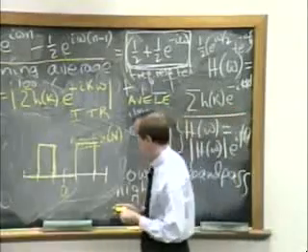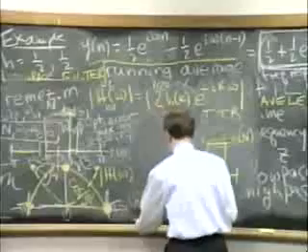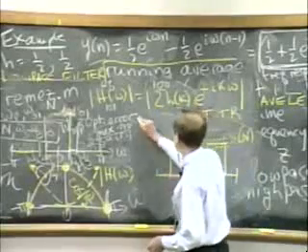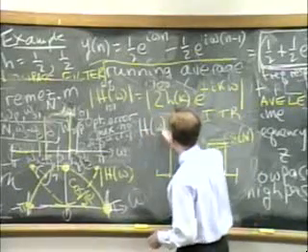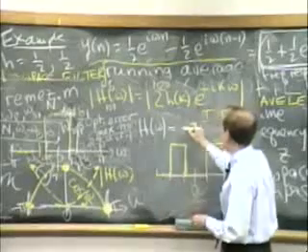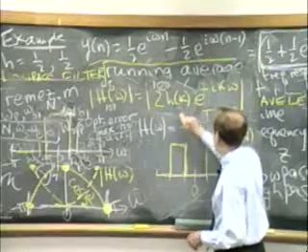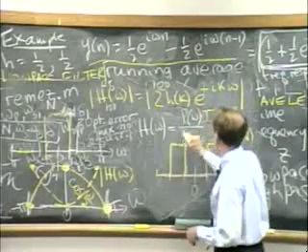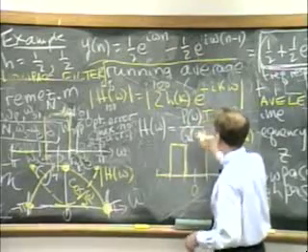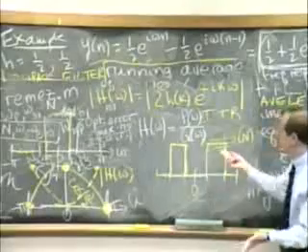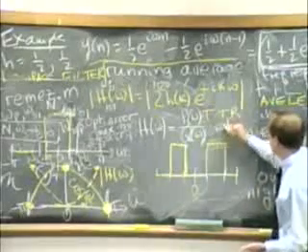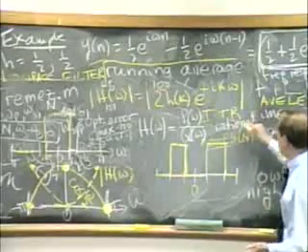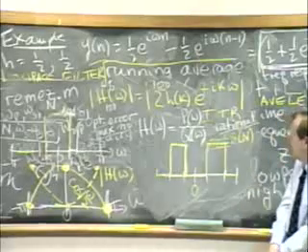A typical IIR filter would be when h of omega is a ratio of p of omega over q of omega, a polynomial over a polynomial. So this is a rational. We use the word rational to mean ratio of polynomials.